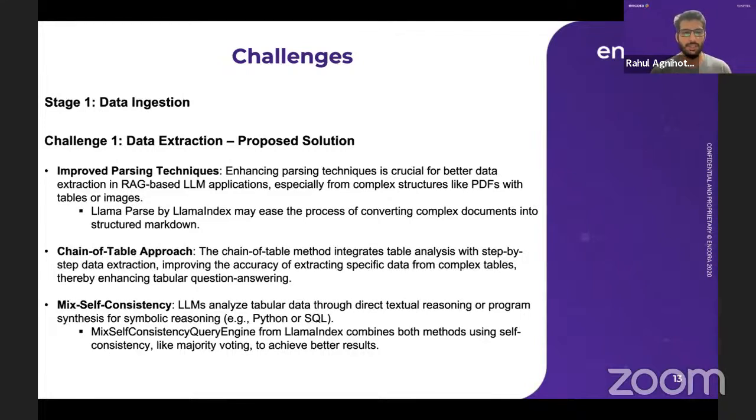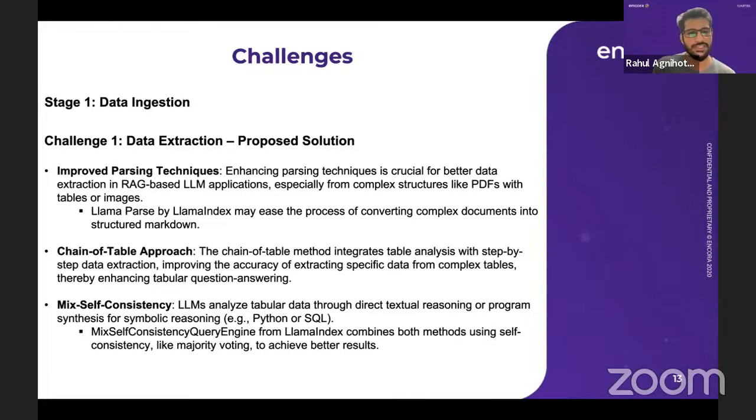Second is the chain of table approach and the mix self-consistency table approach. These are very closely related to tables. Many organizations have data in tabular form, and within the table we can have text as well. So these two are very similar but different to each other. Let's consider you have a database and a lot of tables.